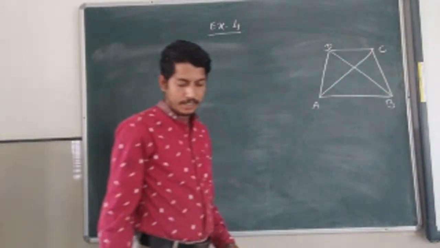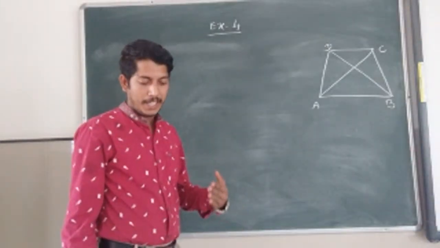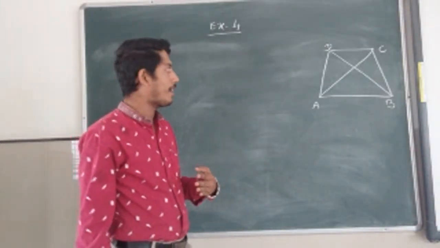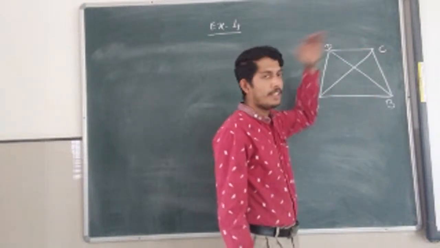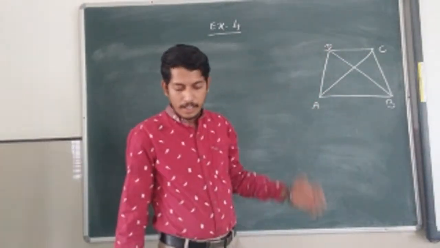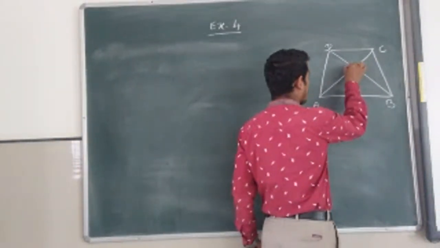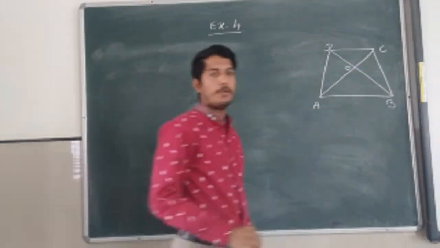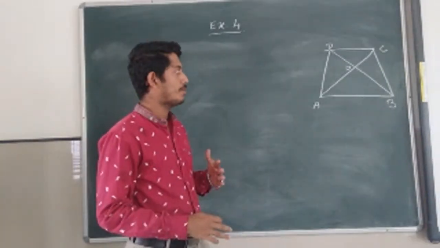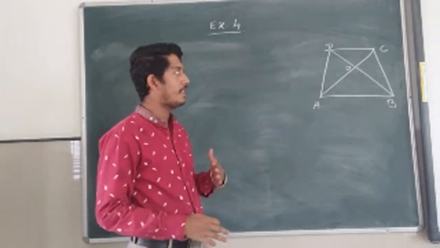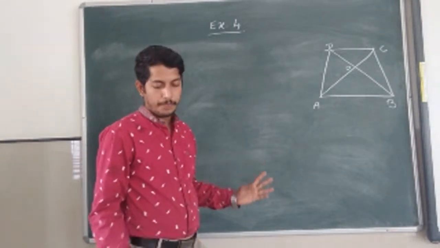It is given that in trapezium ABCD, AB is parallel to DC. This is the first given data. The diagonals will intersect each other at the point O, so I will call this the intersection point of the two diagonals AC and BD, that is O.